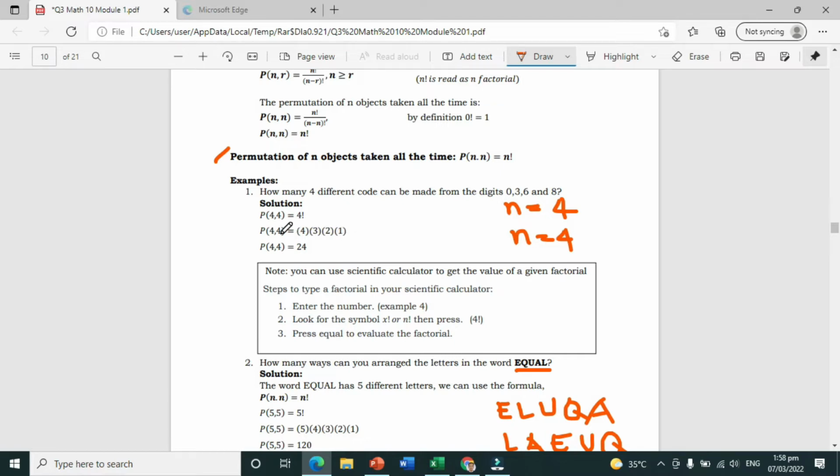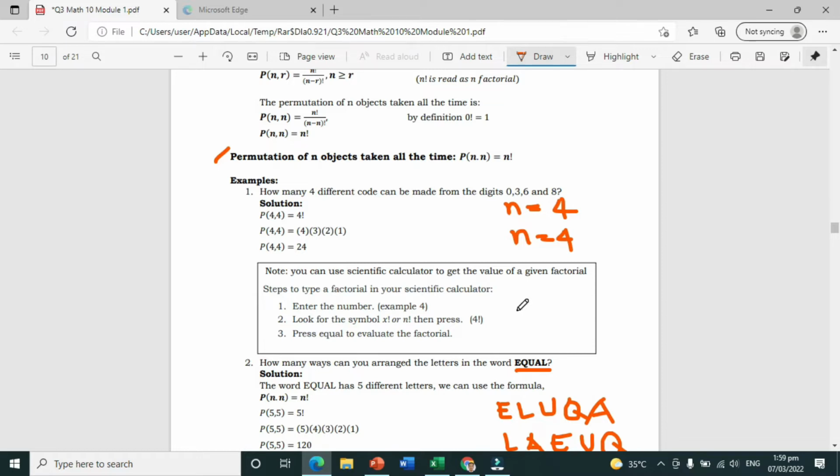So P(4,4) now is equal to 4 times 3, that is 12, times 2, 24, times 1 is 24. So in other words, there are 24 different codes that are possible when you arrange the digits 0, 3, 6, and 8.